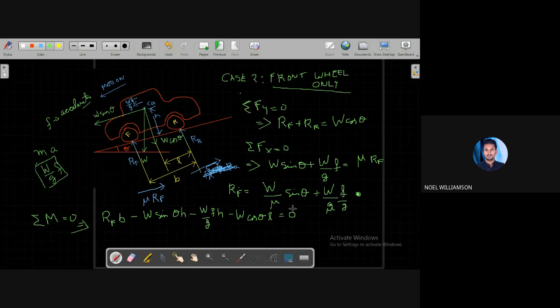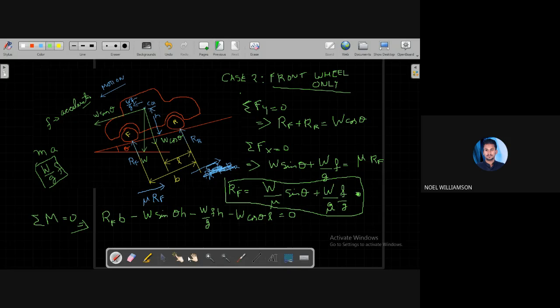So these are the forces which are equal to 0. And here also we are making the substitution from here. Substituting this value here, in the next step we get the ratio f by g from that and substitute back to this equation, and we will get a relation for RF, and then using this relation we will get the relation for RR in the same manner.